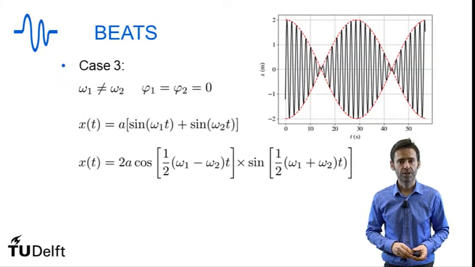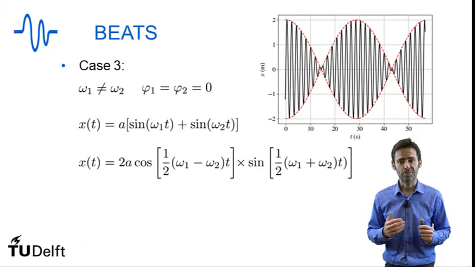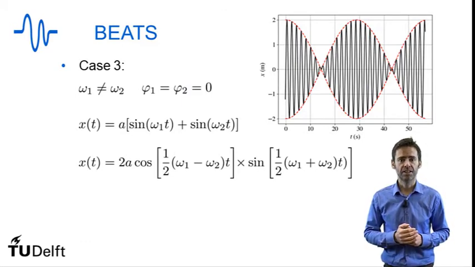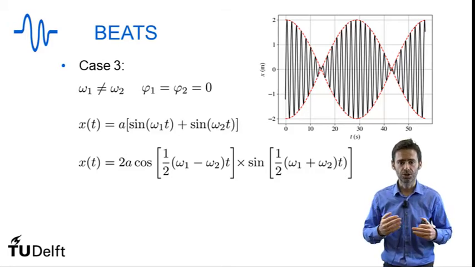Now finally, if you add two oscillations together that have the same phase and the same amplitude but a different frequency, then you get a phenomenon called beats. You can use trigonometry to derive this entire function that is being shown here.